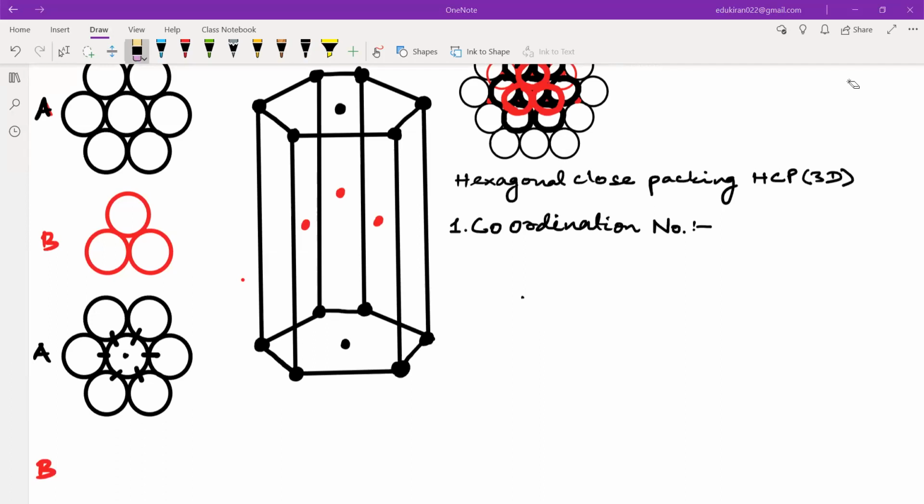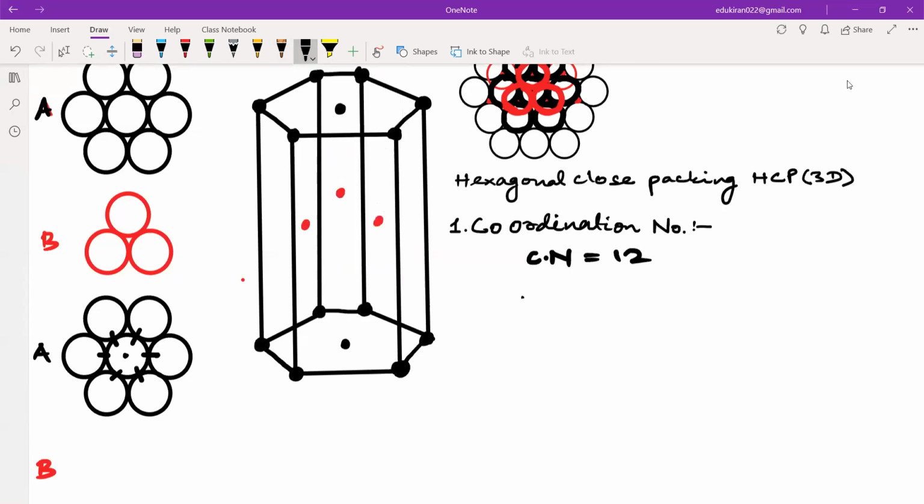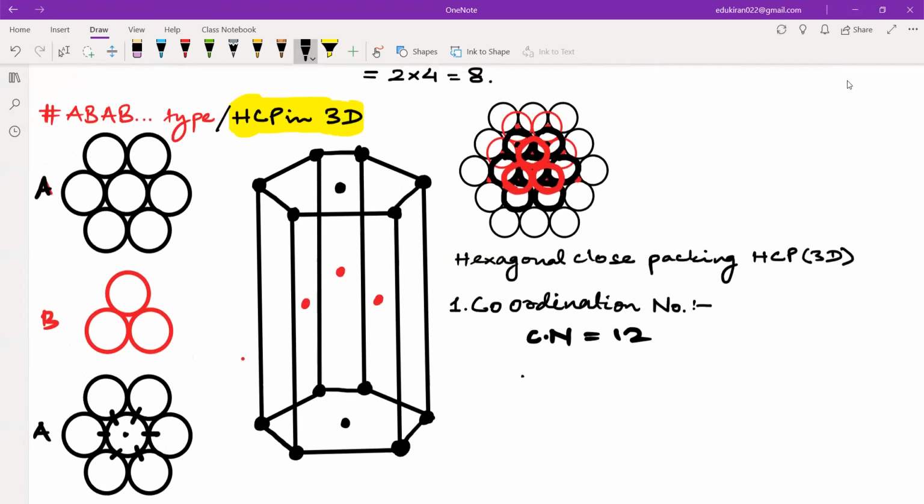So in total, what is the coordination number? 6 in one layer, 3 in the above layer, 3 in the below layer. That is 12. Coordination number is 12 for hexagonal close packing also.